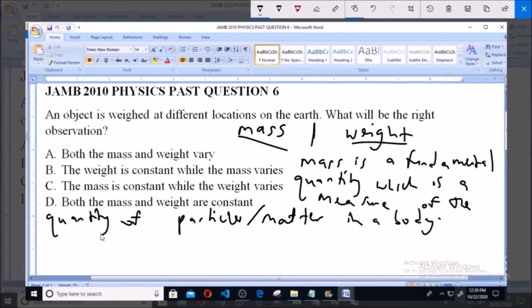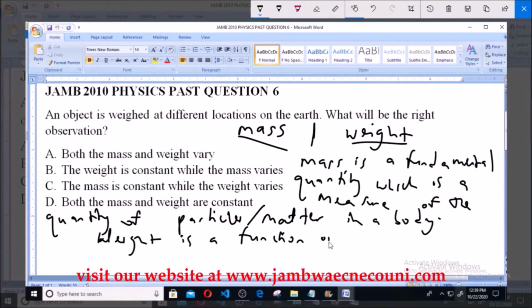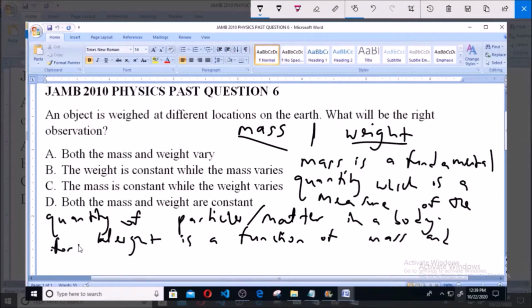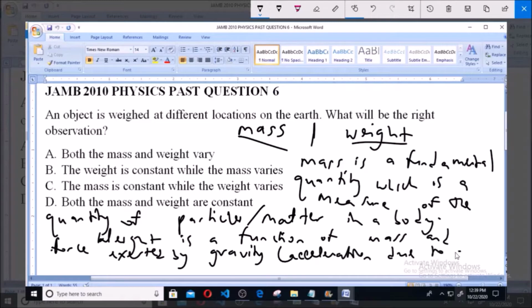On the other hand, weight is a function of mass and the force exerted by gravity, or the acceleration due to gravity.